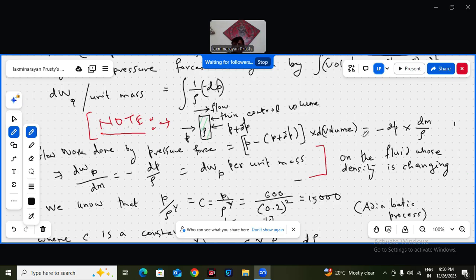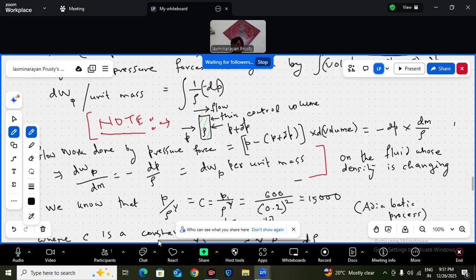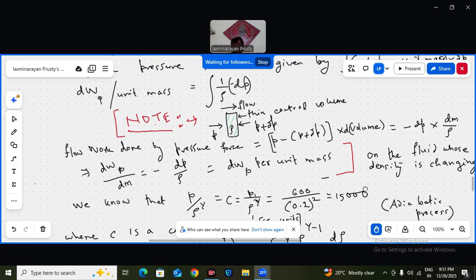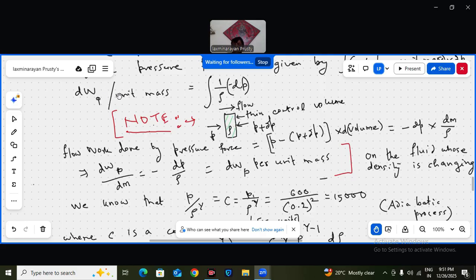So what is the flow work done per unit mass then? This is dWp. Flow work done dWp per unit mass is 1 by rho into minus dP. I'm just explaining why it is minus dP.